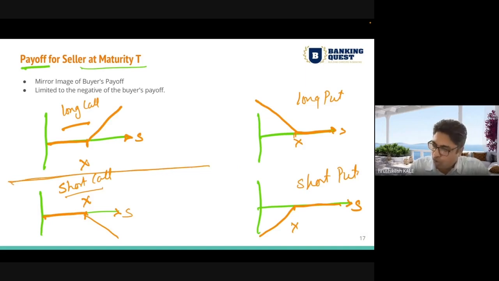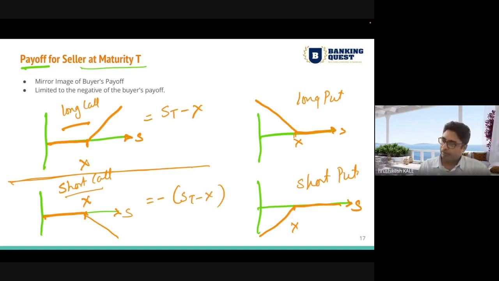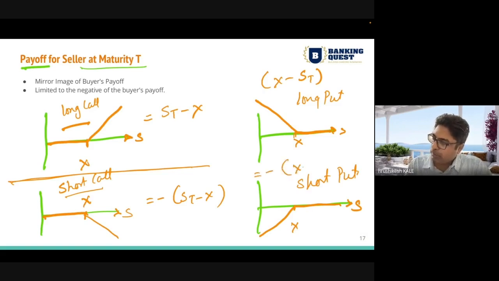So if the payoff of long call is ST minus X, the payoff of short call will be minus of in bracket ST minus X. Similarly, the payoff of long put is X minus ST, then the payoff of short put will be minus of X minus ST. I hope you know what X is and what ST is, where X is the exercise price and ST is the current market price.